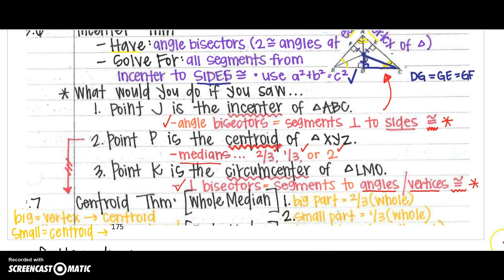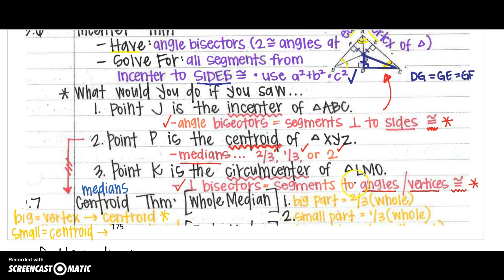Another theorem that we have talked about is called the centroid theorem. Centroid, remember, goes with medians. And these are the 3 equations we have to make sure we know and use. So if I'm dealing with the whole median, I'm going to say the big part of my median. Remember, the big part is from the vertex to the centroid.